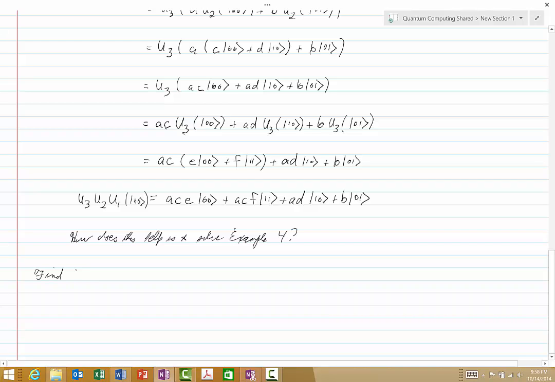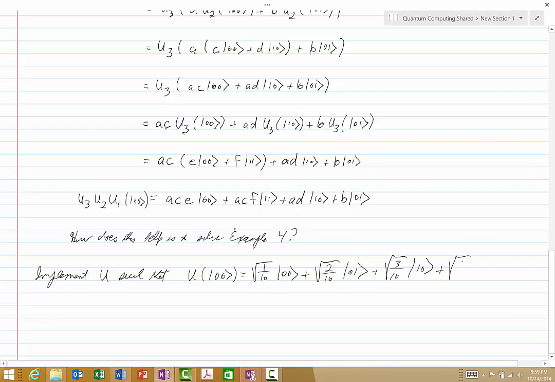We wanted to implement U such that U of 0, 0 is equal to square root of 1/10 0, 0 plus square root of 2/10 0, 1 plus square root of 3/10 1, 0 plus square root of 4/10 1, 1.